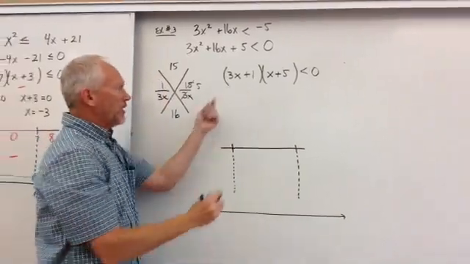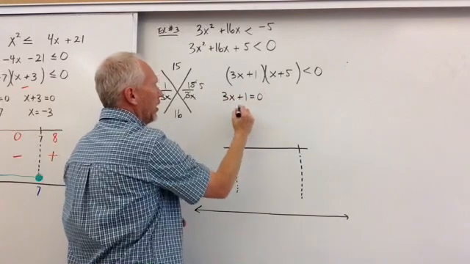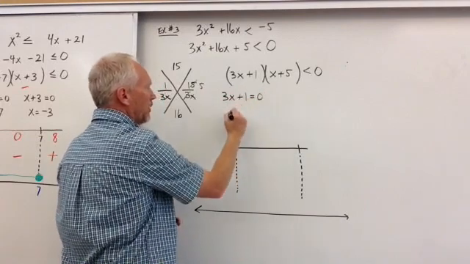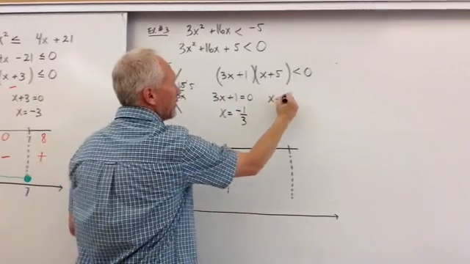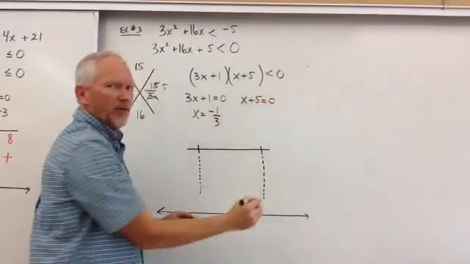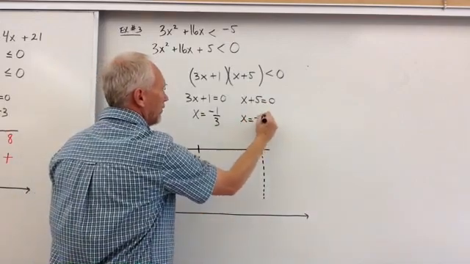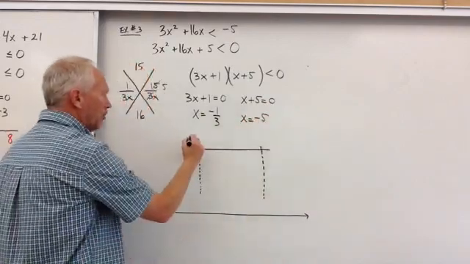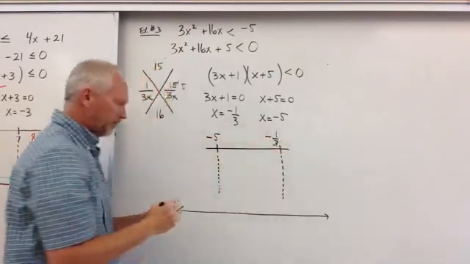Now what I can do is set these equal to 0. 3x plus 1 is equal to 0, and after we subtract, we get x equals negative 1/3. x plus 5 is equal to 0, and once I'm done with that, I get x is equal to negative 5. So my two values are negative 5 and negative 1/3.